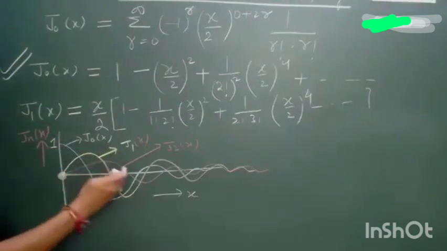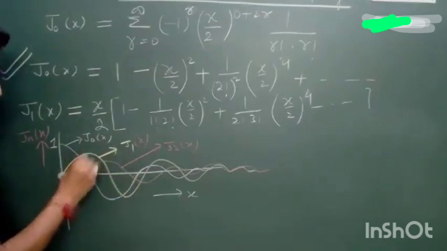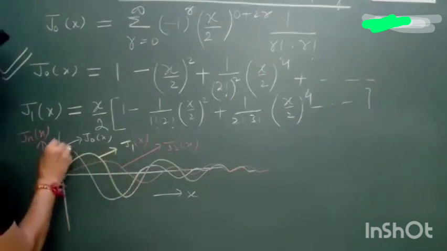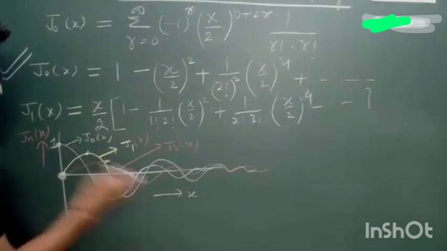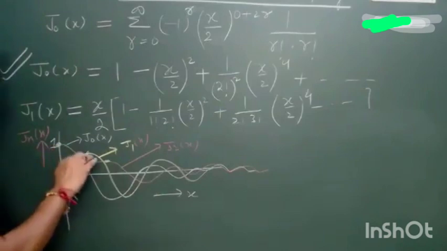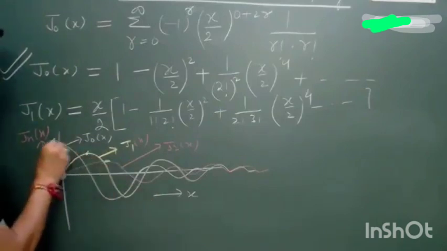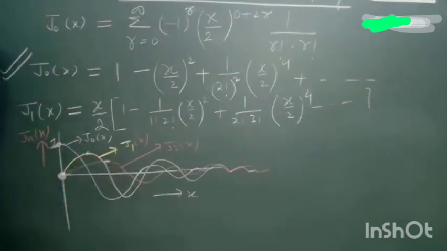All other terms will be slightly right shifted in the maxima, like its maxima is here, and its maxima is here, shifting right, like that. And the value will continuously decrease also; here it is 1, then less than 1, then much less than 1. So this is the property of these three polynomials J0, J1 and J2, which you should take care of. These properties are very important. Questions have been asked in your previous exams on this.